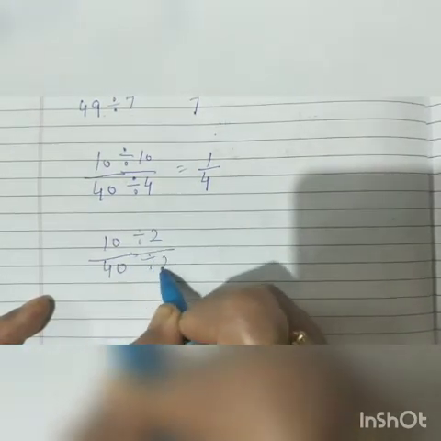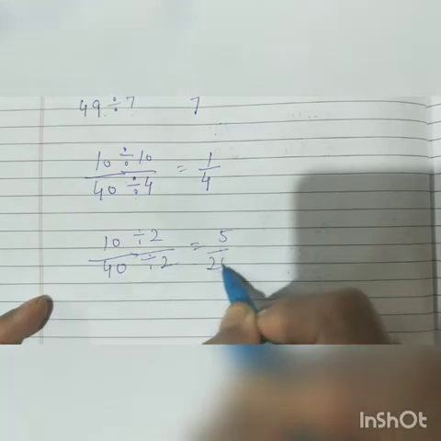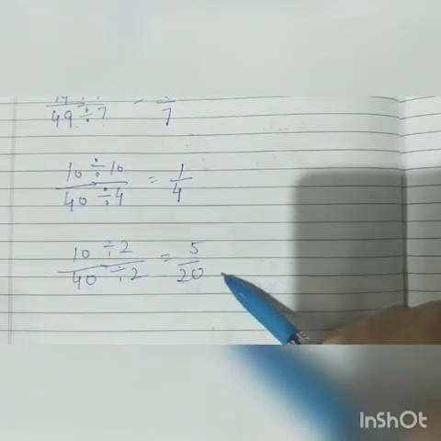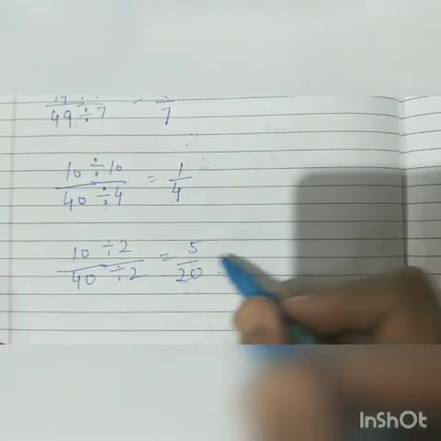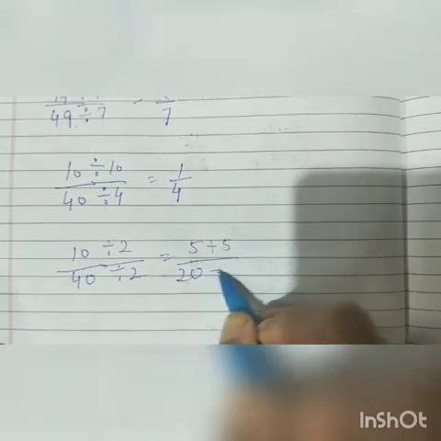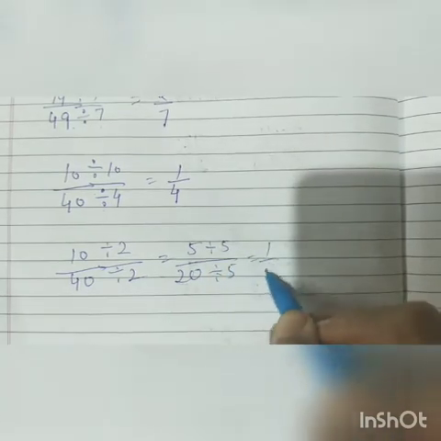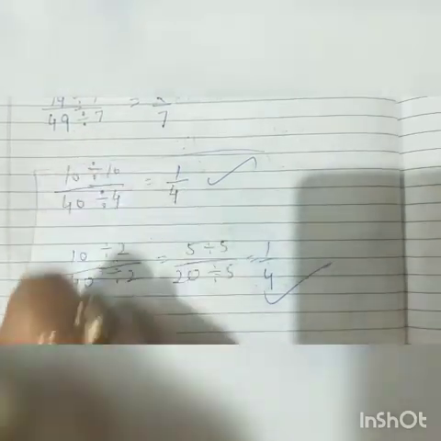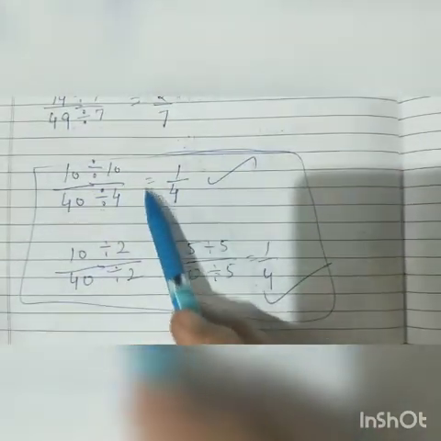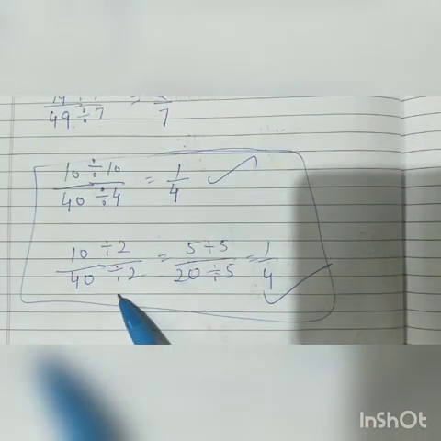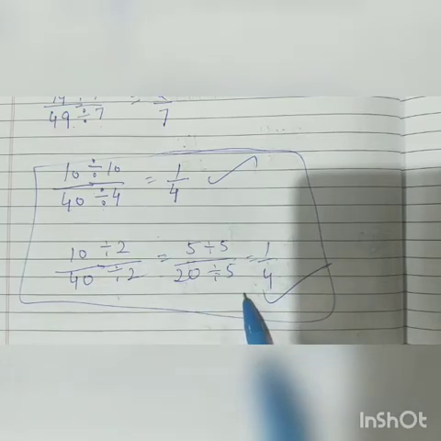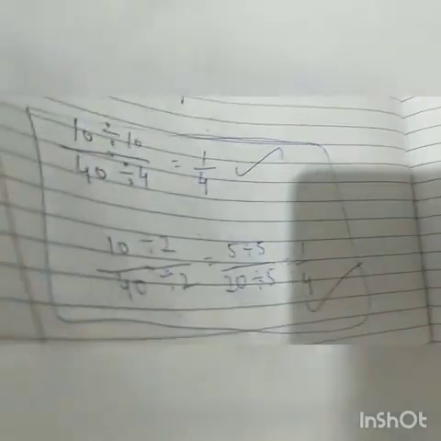Divide by 2, we get 5 by 20. Now in 5 by 20, what is common? 5. Divide by 5. So the lowest term is 1 by 4. Both are the same. You can directly divide by 10, or you can divide by both factors 2 and 5. The lowest term will be the same.